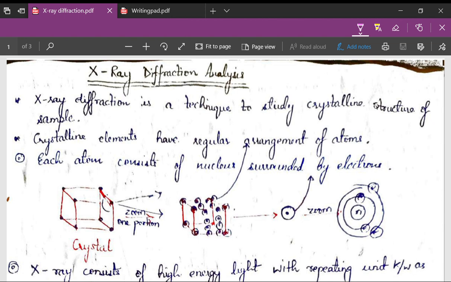X-ray diffraction is a technique to study crystalline structure of a sample. The sample is present in the powdered form. Now the sample is in the form of crystals.